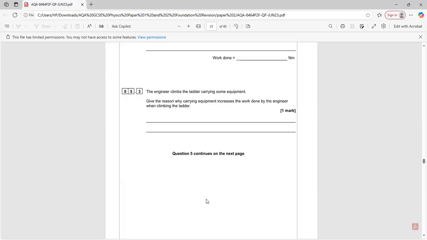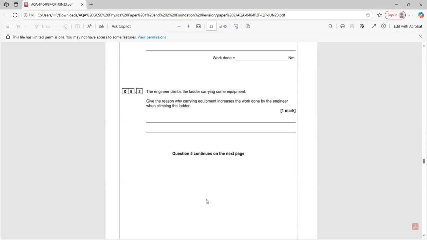The unit here is newton meters, but guess what? Work done also has a unit of joules. Why? Just think about it. If you don't have energy, would you be able to do any work? That would not be a possibility. So energy also shares its unit of joules with work done.